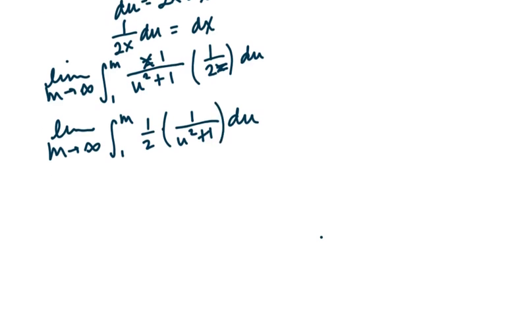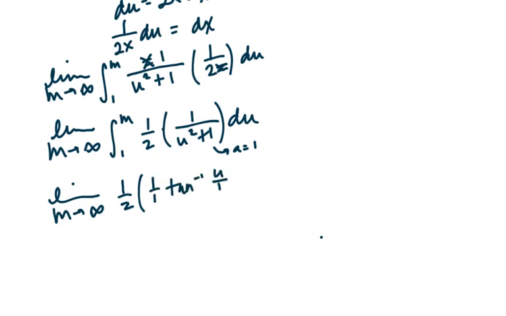Do you see inverse tangent happening now? A equals 1. So we have the limit as m approaches infinity, 1/2 parentheses 1 over 1 times inverse tangent of u over 1 from 1 to m.